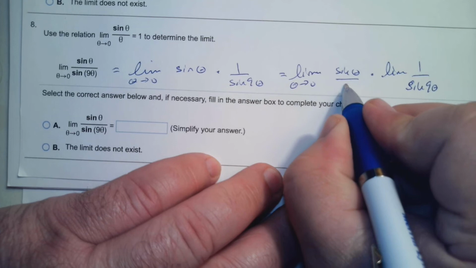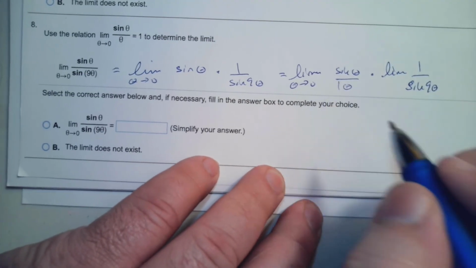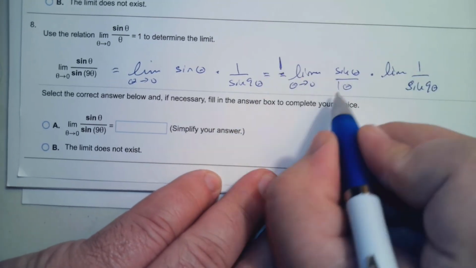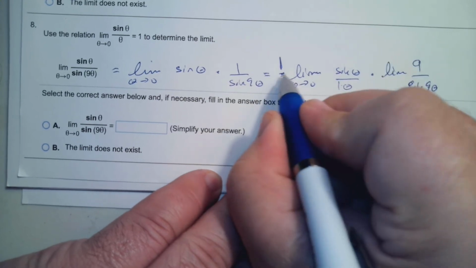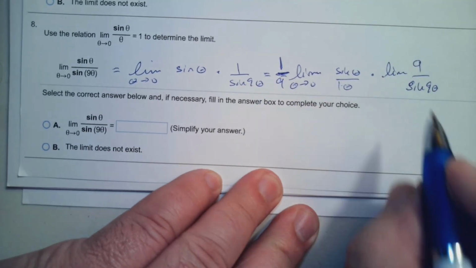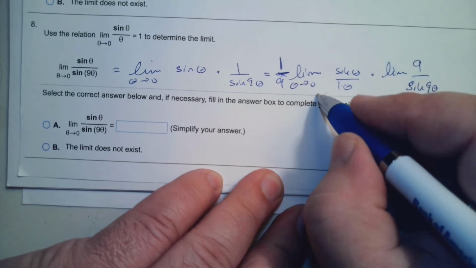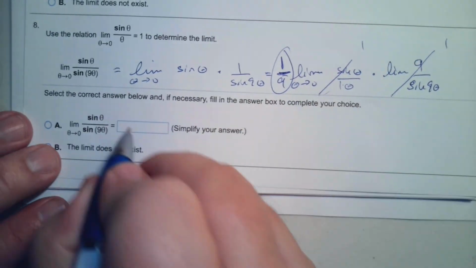This one needs a theta. It needs 1 theta. So we put a 1 in front because it's dividing that. This one has a 9, so it needs a 9 on top. So we divide it by 9. So now that equals 1. That equals 1. The answer is 1 over 9.